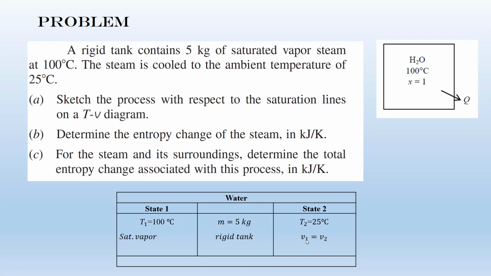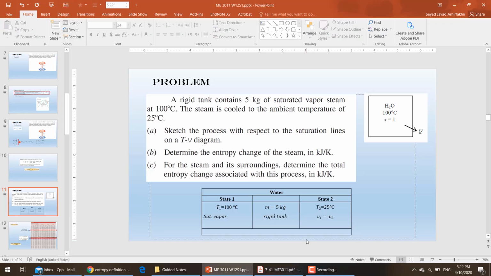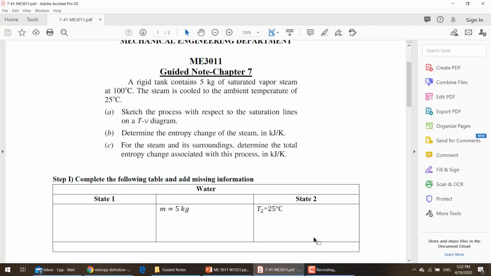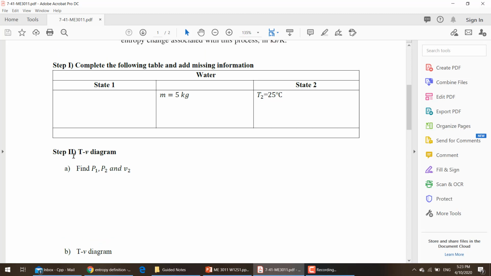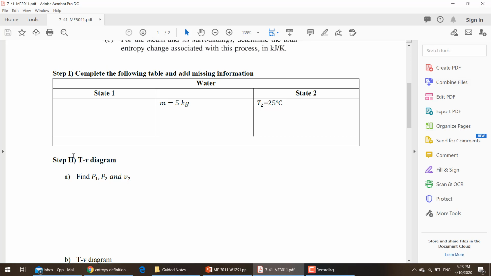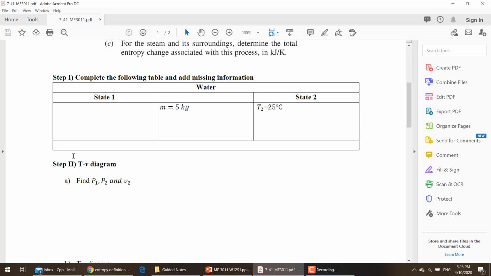And then the last thing is that you need to find the pressure for both of these two states. So as part A for this step 2, you need to find P1, P2, and nu 2. Please pause this video, spend 3 minutes, and then find P1, P2, and nu 2. Keep in your mind that you are dealing with the state.